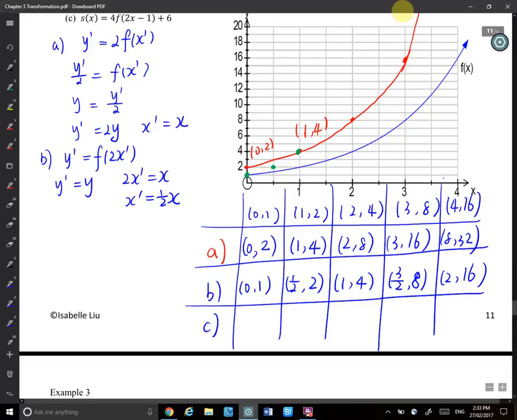Okay, 1.5 and 8, 2 and 16. Okay, the shape looks like this. Okay, that's the shape of the graph. That's the green one, which is my part B.